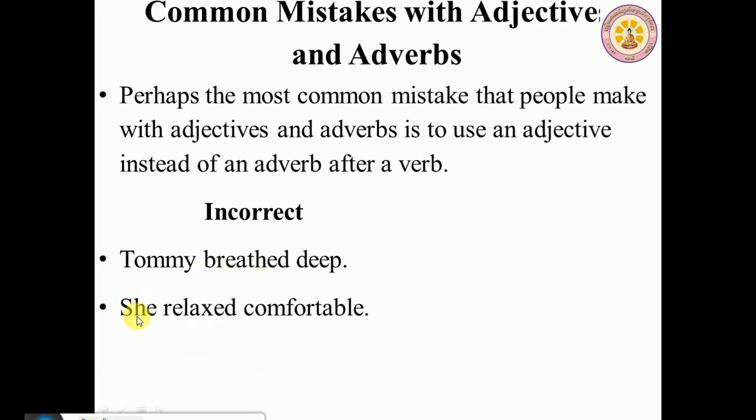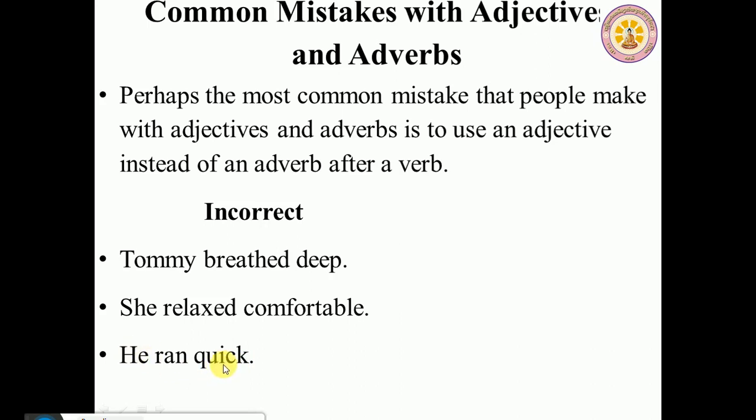We also cannot say, she relaxed comfortable. We cannot say it like that because comfortable is an adjective. We cannot use an adjective to add more meaning to the verb. He ran quick.